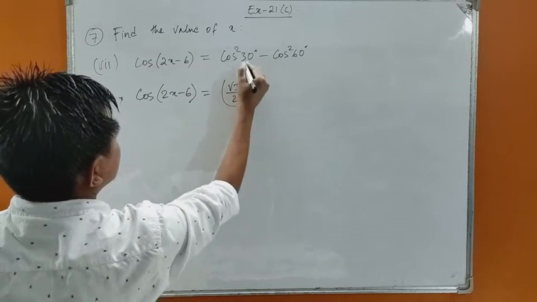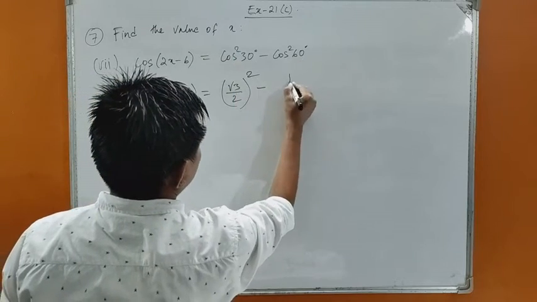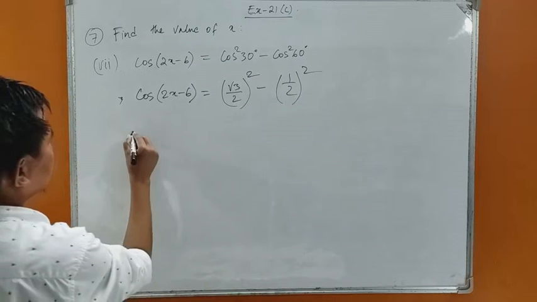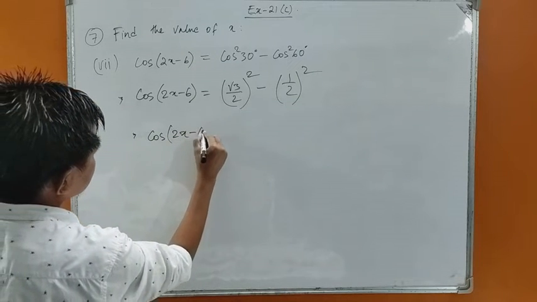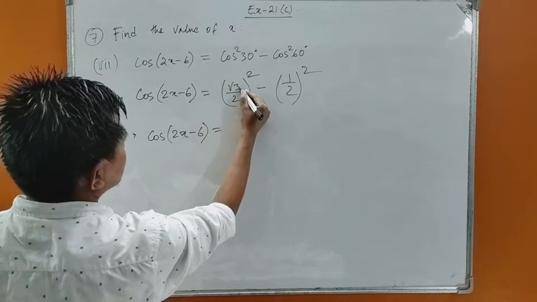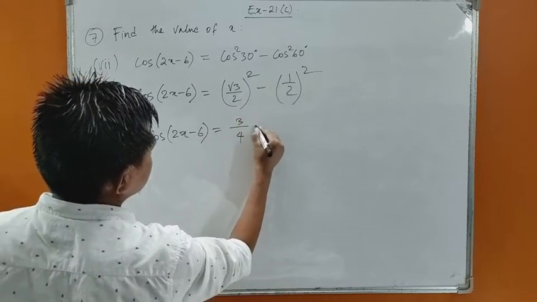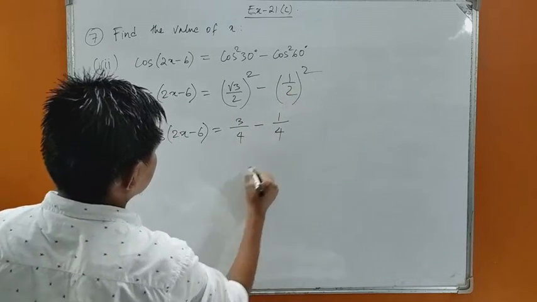So cos square means we must put square, minus cos 60 means 1 by 2, square means we must put square here. So cos 2x minus 6 equals root 3 square is 3, 2 square is 4, minus 1 square is 1, and 2 square is 4.